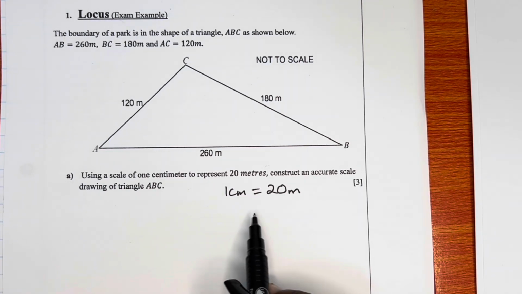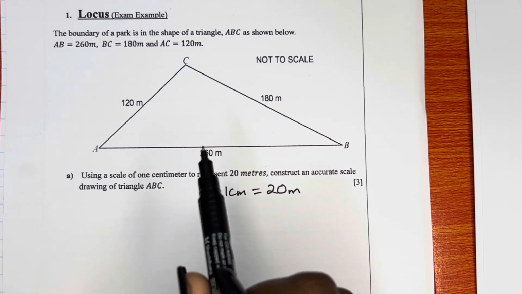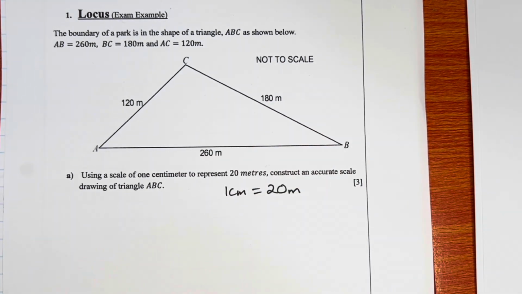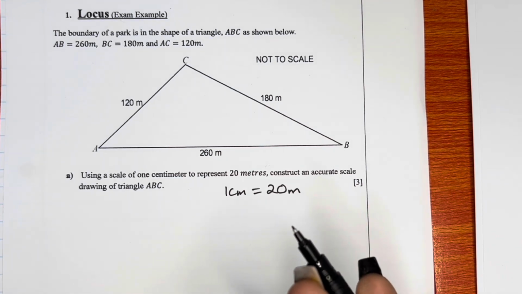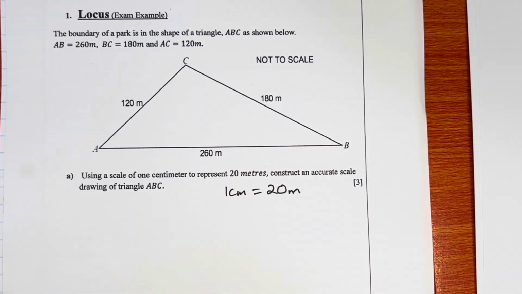So we are going to use that scale to construct the map drawing of this triangle, using the scale of 1 centimeter on the map to represent 20 meters in real life.